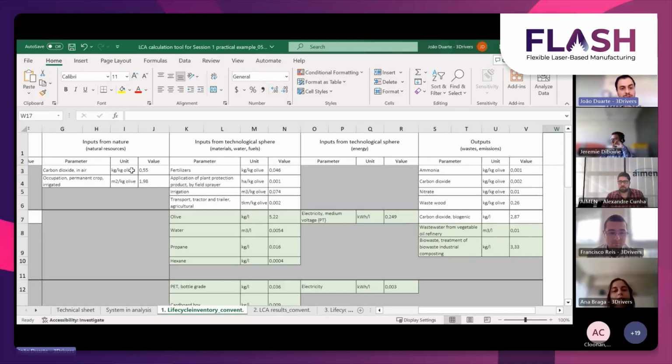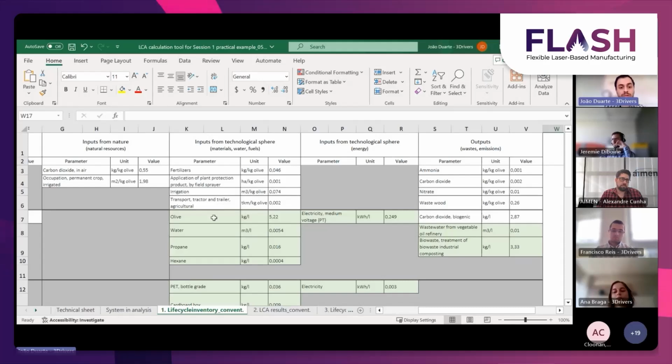Something that's very important during the inventory data collection is to look at the units that we'll be using. So, for example, in this first life cycle phase, we establish the units for all the inputs as the amount of the parameter that we'll be using per kilogram of olives. So all these inputs are for 1 kilogram of olives.